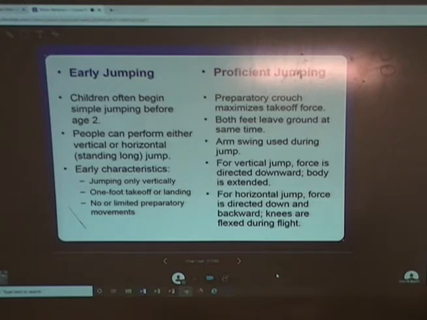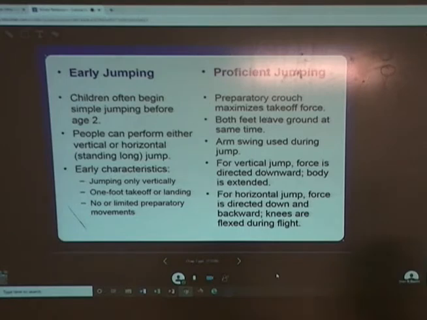So we see this vertical jump. We see takeoff and landing where the feet are not equal, so that force production is not equal in both legs. And we don't really see much going on with arm swings. The more proficient I become, the more competent I get at jumping, the more practice I've had, then we start to see some things going on before the jump happens.